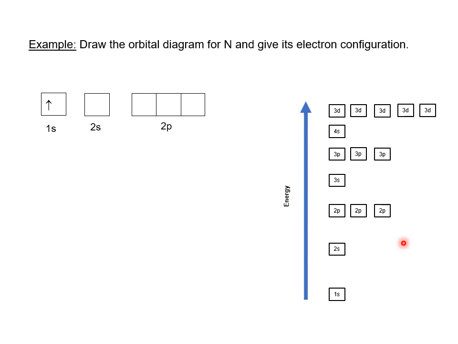So we put 2 electrons in the 1s, because 1s is the lowest energy state and it only holds 2 electrons. Notice my electrons have opposite spins. That's because of the Pauli exclusion principle. No more than 2 electrons are allowed in each orbital and they have to have opposite spins. The 1s is now filled. I put 2 electrons in the 2s.